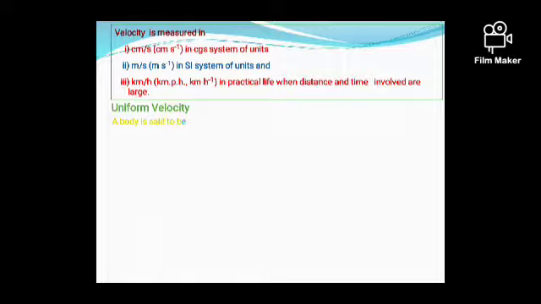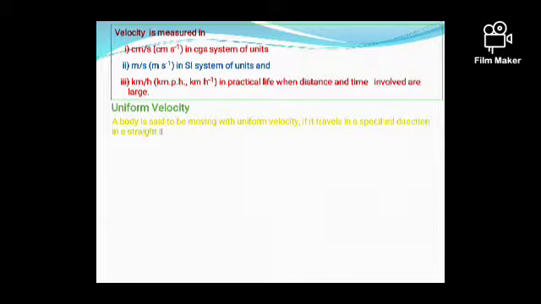Now, uniform velocity. A body is said to be moving with uniform velocity if it is moving equal displacement in equal intervals of time. Here also, equal displacement in a specific direction.